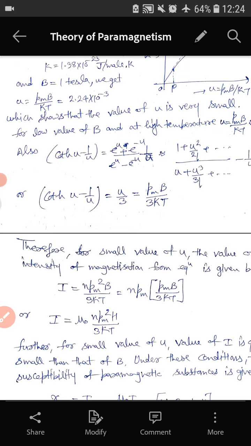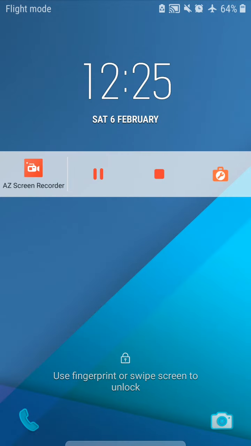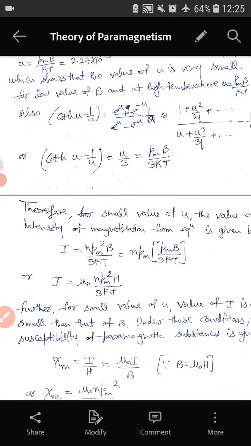H will be B by mu 0, so this will be I mu 0 by B. Now substitute the value of I from the above equation, so we get chi m equal to mu 0 n pm square by 3kT.